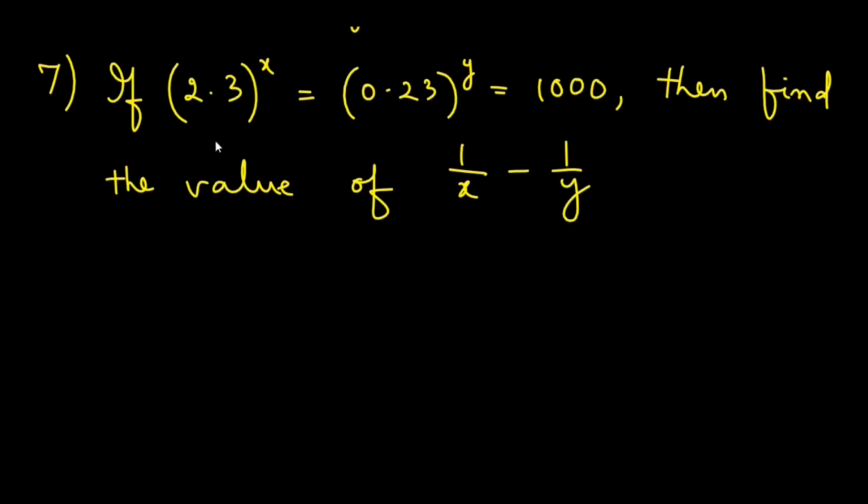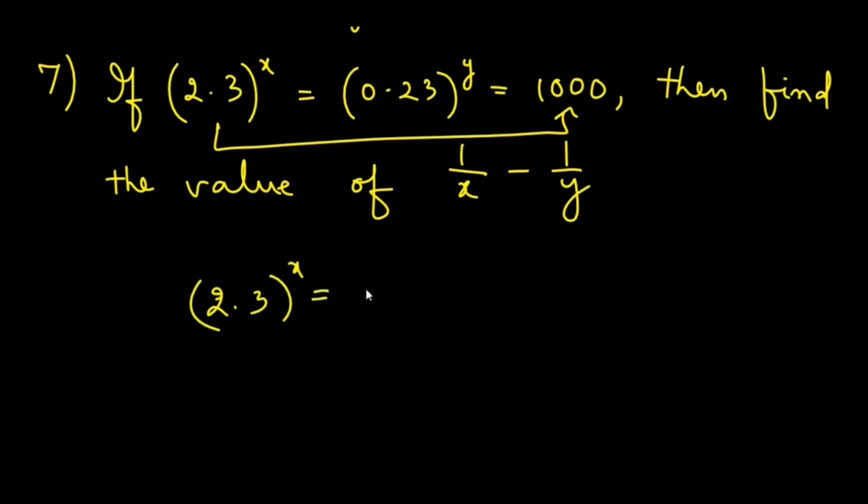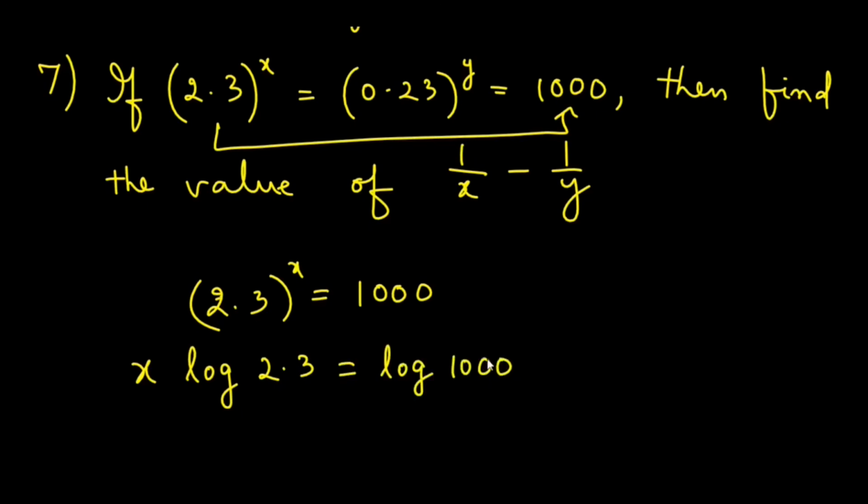Now let us take first this relation. 2.3 power x is equal to 1000. From this, taking log, we get x into log 2.3 is equal to log 1000.